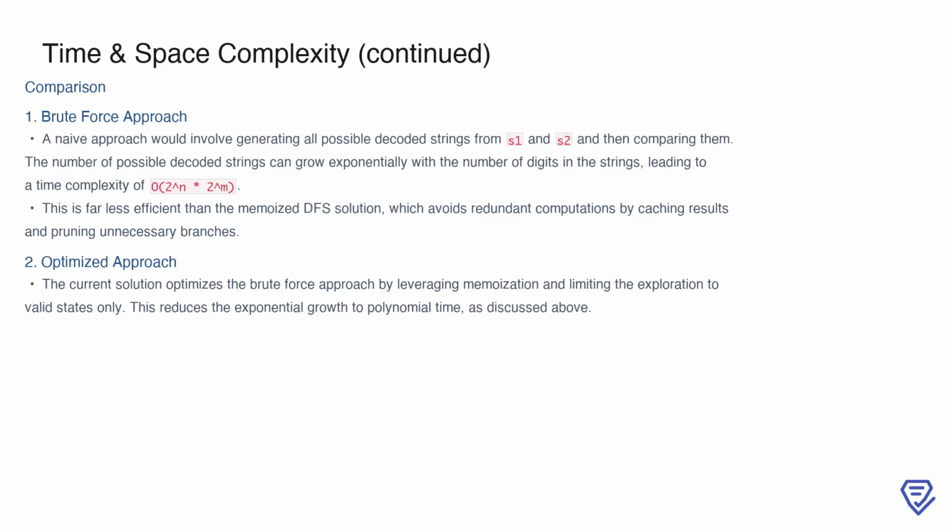This is clearly infeasible for large inputs. In contrast, our memoized depth-first search solution avoids redundant computations by caching results and pruning unnecessary branches. By limiting the exploration to valid states only, the exponential growth is reduced to polynomial time, as we've calculated earlier. This demonstrates the significant advantage of the optimized approach.